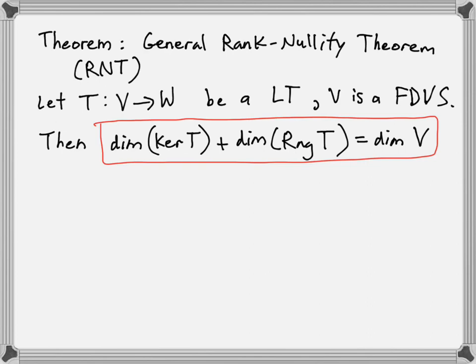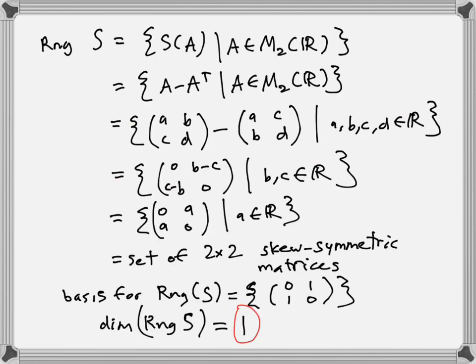Notice, in our last example, it is true that 3 plus 1 is equal to 4. Okay, so this shows at least that the rank nullity theorem does apply to our previous example. It applies to every single linear transformation of vector spaces.